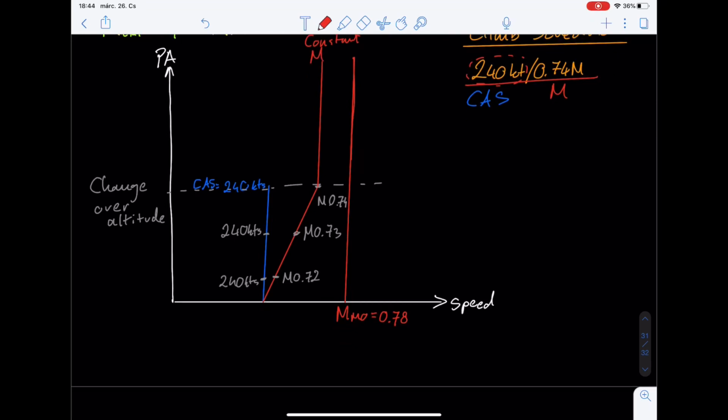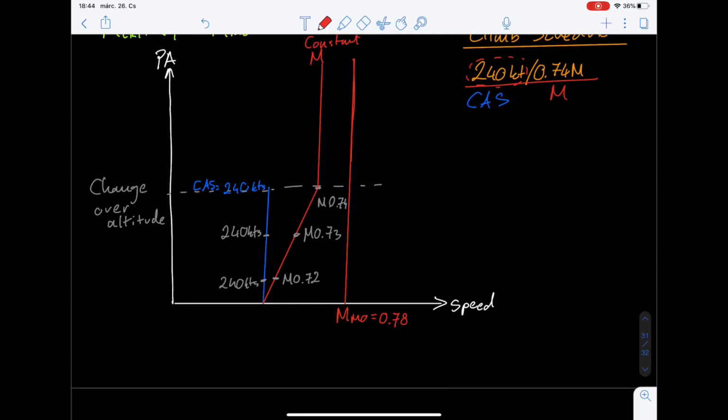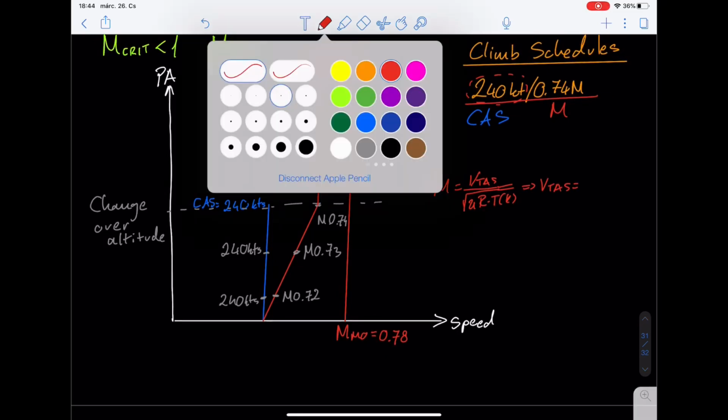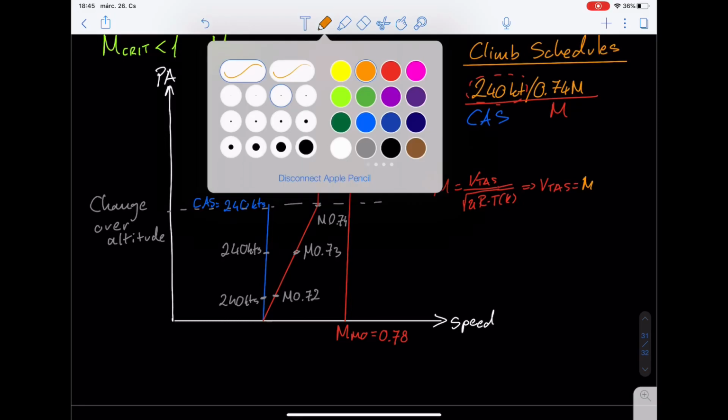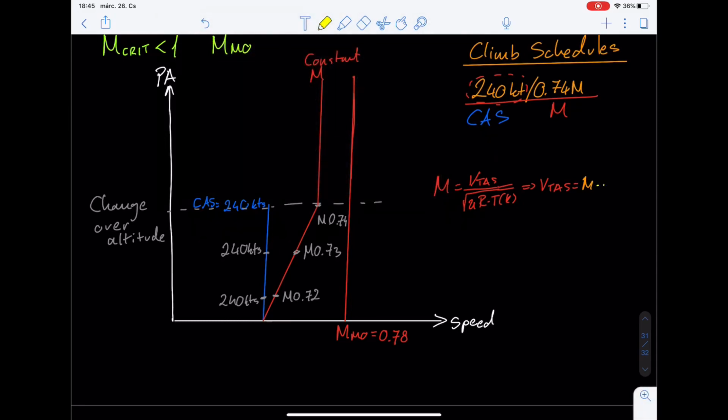If the Mach number is constant, you have the Mach number, which is the true airspeed over the square root of kappa times R times the temperature in Kelvin. And if I wanted to express the true airspeed from this one, it's going to be the Mach number, which is a constant, times the square root of kappa times R times the temperature in Kelvin.